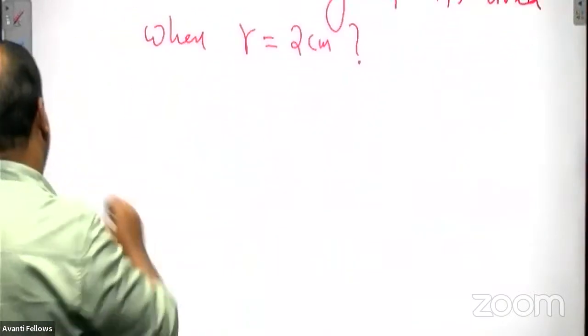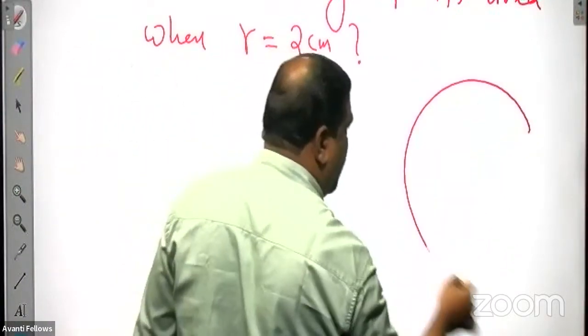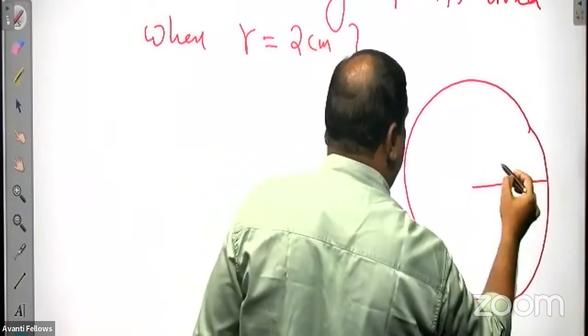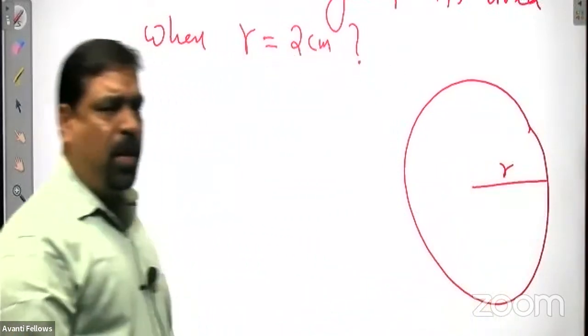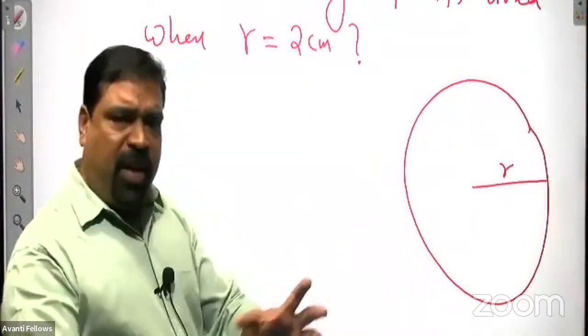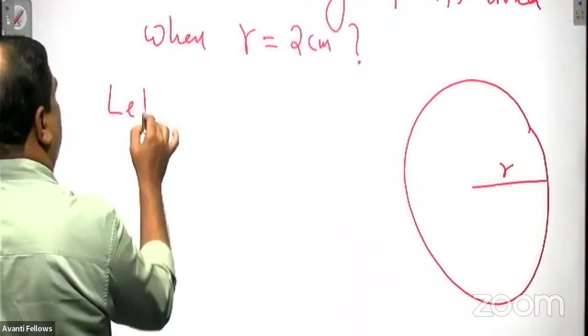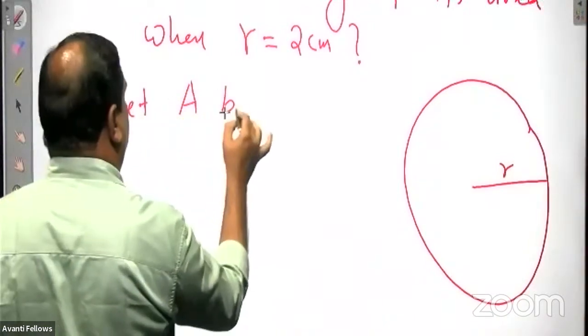So again, area of a circle. If you want, we can draw a figure like this. Remember, it is not a fixed circle, it is a variable circle. So at any instant, let A be the area and r be the radius.